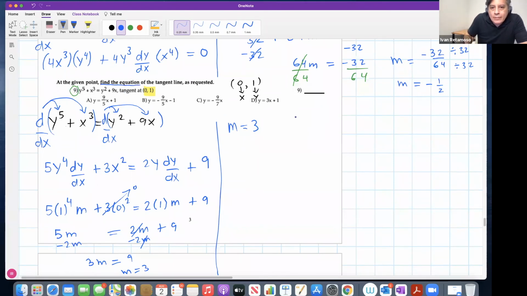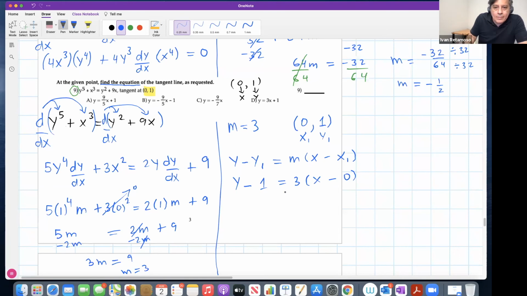Equation. So I have to go one step farther, but this shouldn't be a problem because we have a way to figure out the equation of a line when we have the slope of the line and a point, the coordinates of one point of the line, right? It's called point slope form. Y minus 1 equals slope 3 times x minus x1, which is 0.